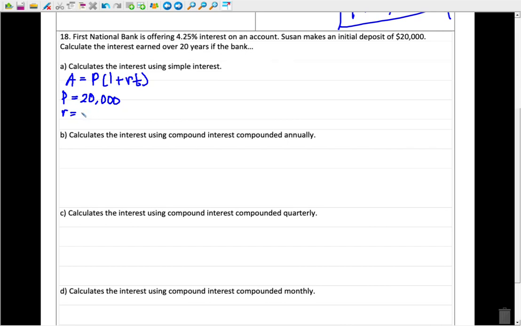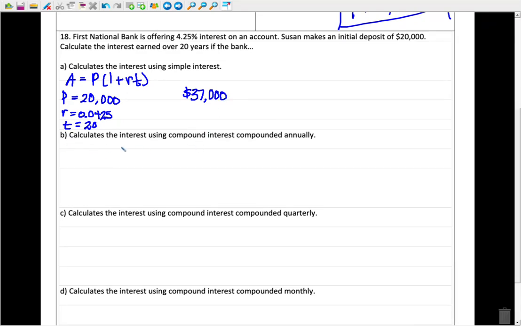It's 4.25%, but we want to make this a decimal. So it's going to be 0.0425. And the time is 20 years. So put all of this into your formula, and the answer for this one should be 37,000 using simple interest.